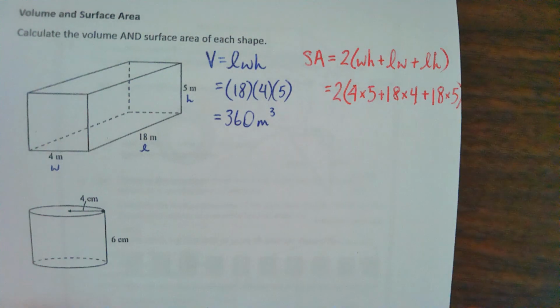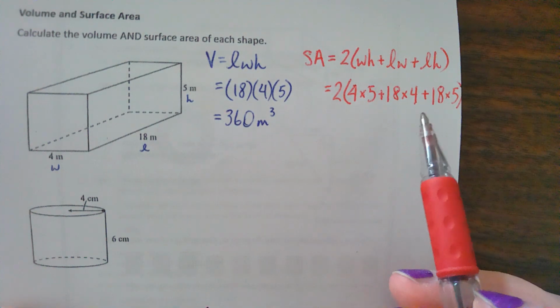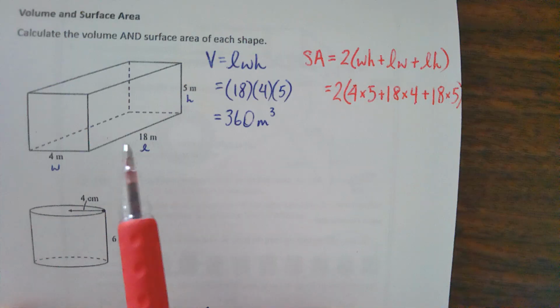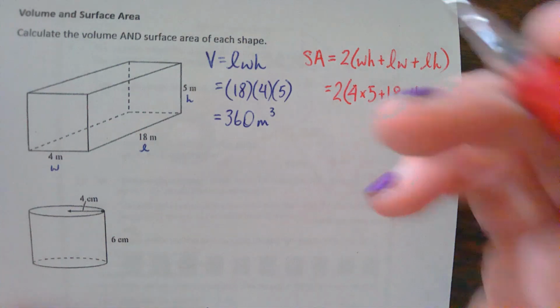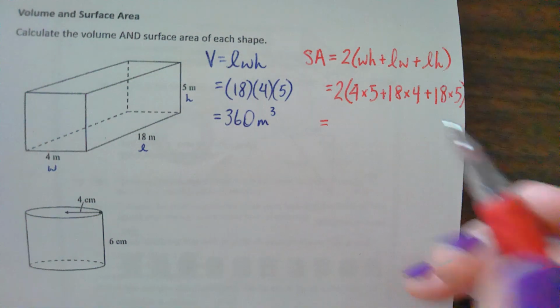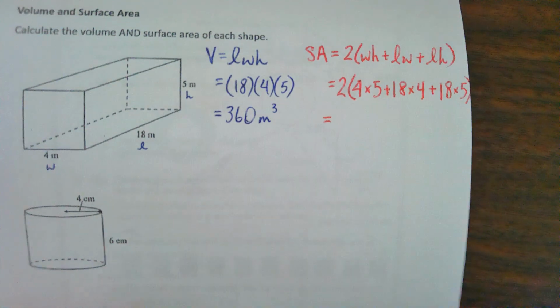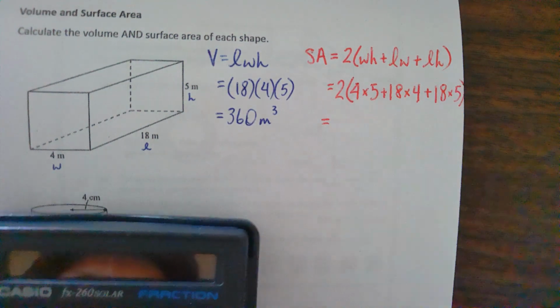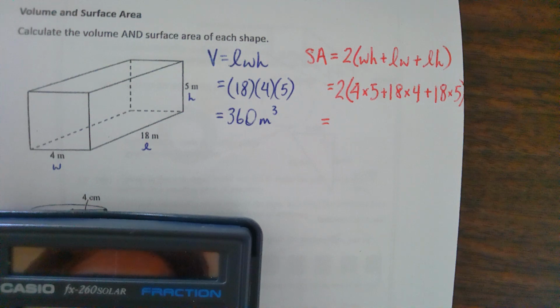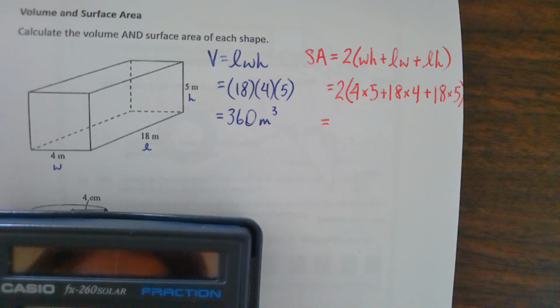And notice you have 2 of every number, and that's because you have 2 of every side. BEDMAS tells me to do the bracket first. So 20 plus 18 times 4 plus 18 times 5, times 2.